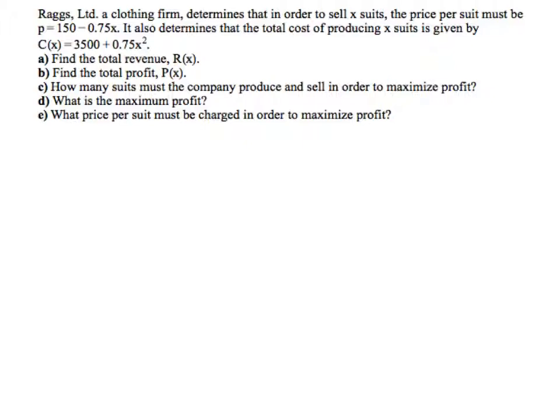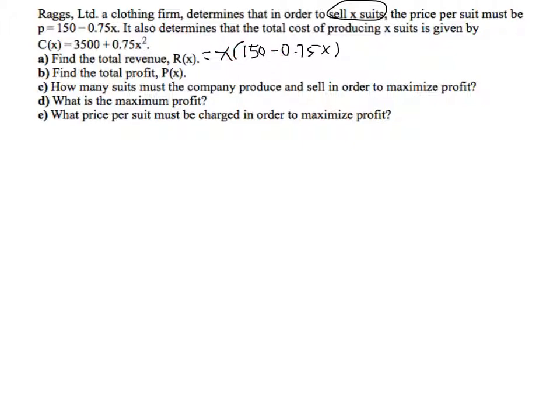The first question is find the total revenue. Revenue is just the price we sell something for times the number we expect to sell. X here is the number we're selling, right? X suits. The price we expect to sell those suits for is given by the price demand function, so 150 minus 0.75x. Revenue is the number you sell times the price you charge, and we can write that as a function of a single variable.